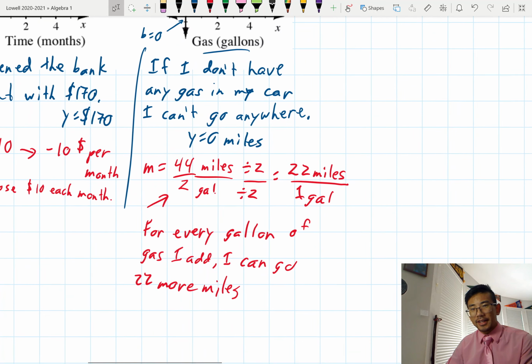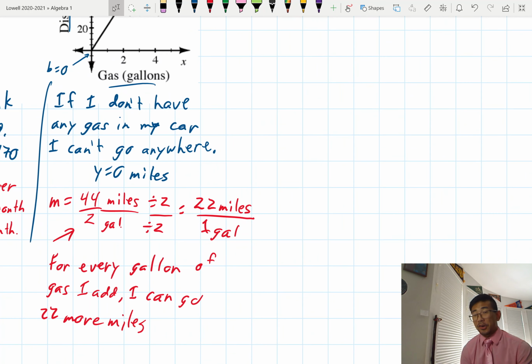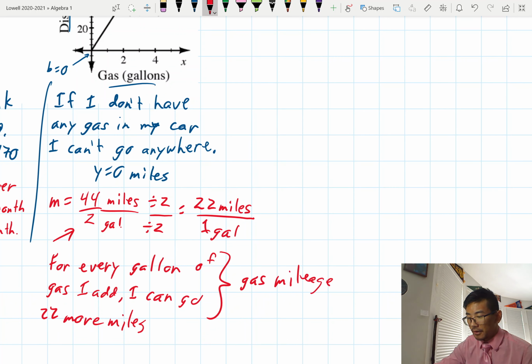If we think back to the actual situation in terms of what this tells you about your car, this would tell you the car gets a gas mileage of 22 mpg, and you hear about this when you see or hear car commercials on TV or on Spotify or something.